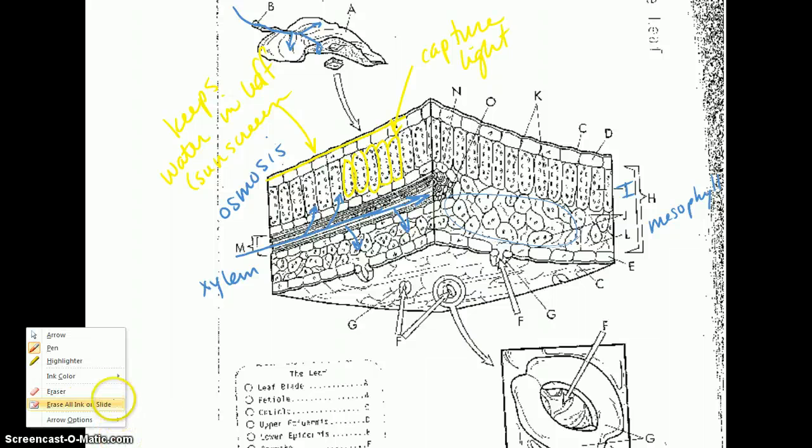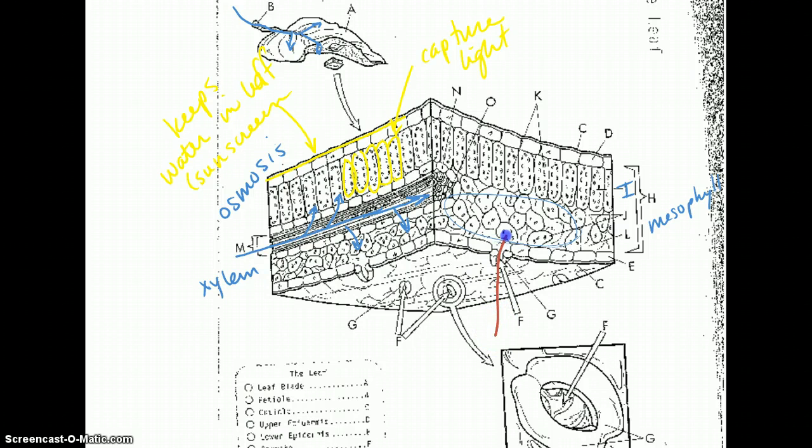And their sole purpose, the reason they have evolved this way, is that oxygen and carbon dioxide can move in here. So we have CO2 and oxygen moving in and out of here, okay? And so they bathe this whole area with loads of CO2, so we have a high concentration of CO2 everywhere.